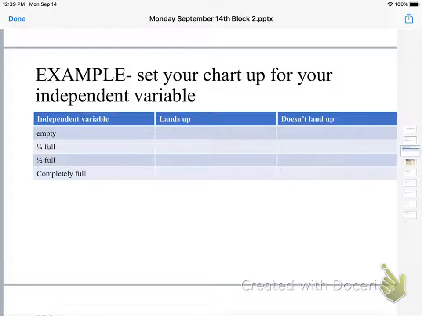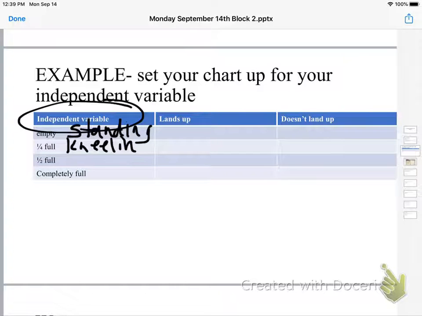Moving on. The next thing you need to do is set up your data chart for your independent variable. Now notice over here for my independent variable, I chose empty, a fourth full, half full, completely full. Depending on what yours is, maybe your first one is standing because you're doing positions. And then your second one could be kneeling. And your third one could possibly be sitting.